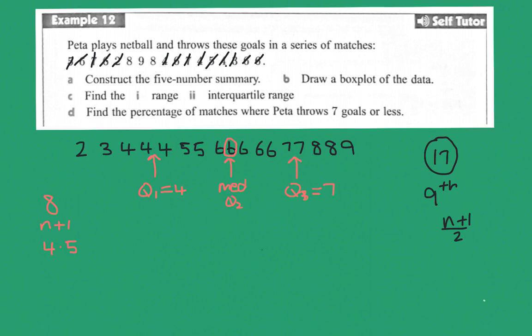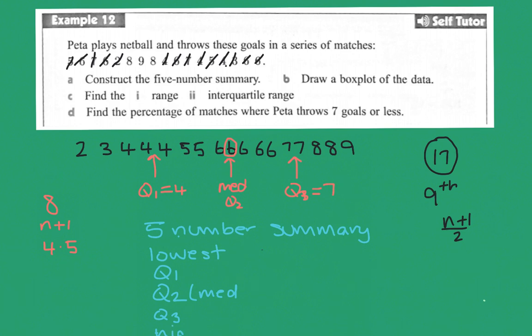So our 5-number summary starts with the lowest score, then Q1, Q2, Q3, and our highest score. And this is what we draw our box plot from. So our lowest score, Q1, Q2, which is our median, Q3, and our highest score.